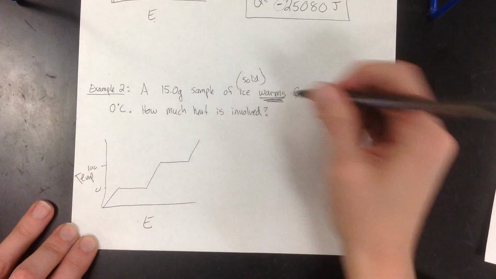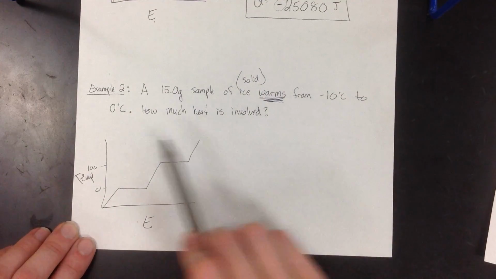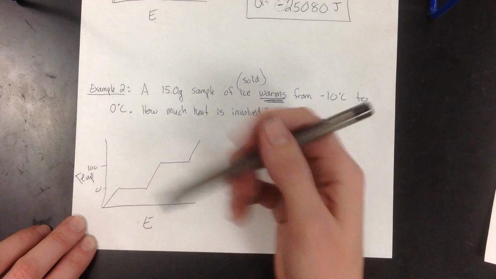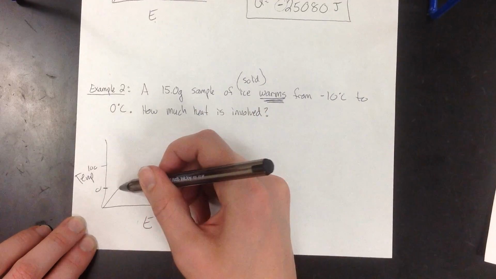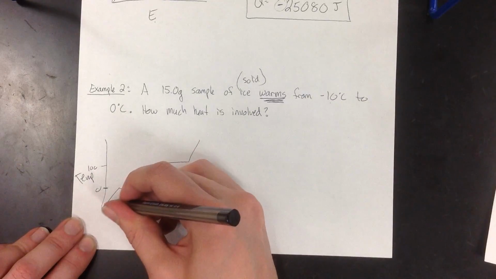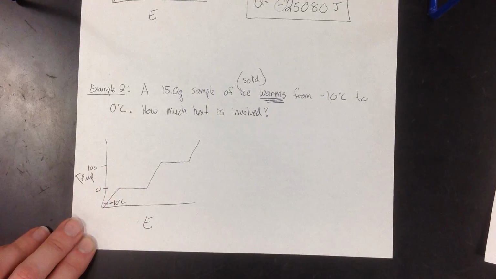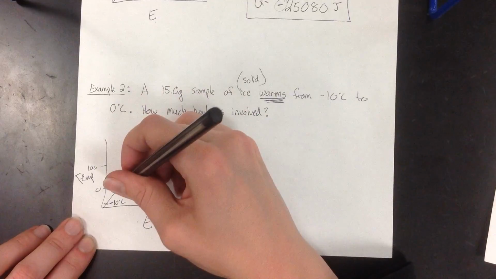I'm warming up, so I'm going to have a temperature change. Going negative 10 to 0. All right, well, my 0 is where my flat line is. I'm a negative value, so I'm going to be less than 0. I'm going to start way down here at negative 10. And I'm warming it up to 0 degrees.